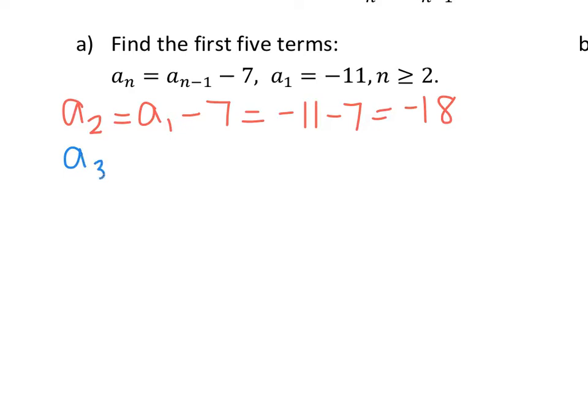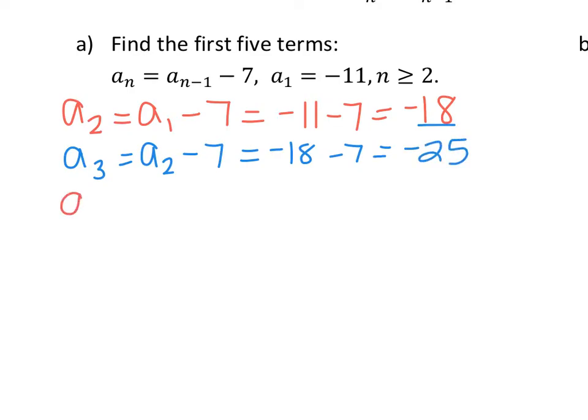Our next term, a sub 3, is our previous term, a sub 2 minus 7. Our previous term is negative 18. Negative 18 minus 7 is negative 25. Our fourth term is our third term, minus 7, which is negative 25 minus 7, or negative 32.